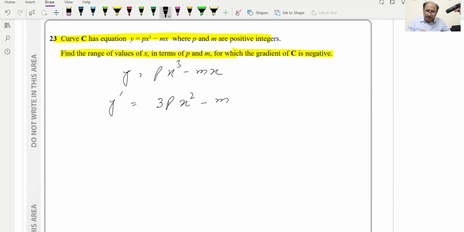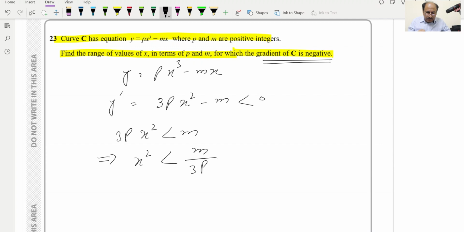Since p and m are positive integers, we need to find a range of values. The gradient is a negative number, so this should be less than 0, and if we find x squared we can write 3p x squared is less than m, so this implies x squared is less than m over 3p. So this implies x is less than the square root of m over 3p, and we will take the plus minus sign.